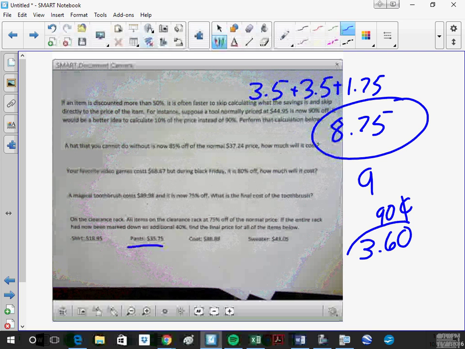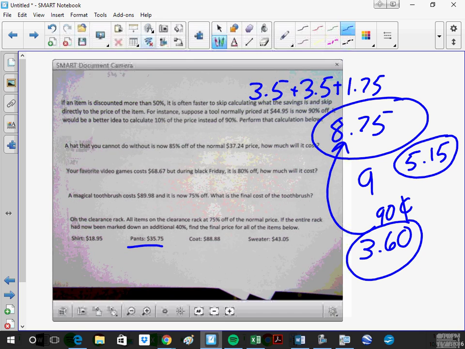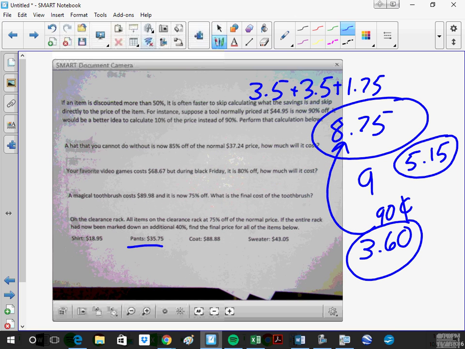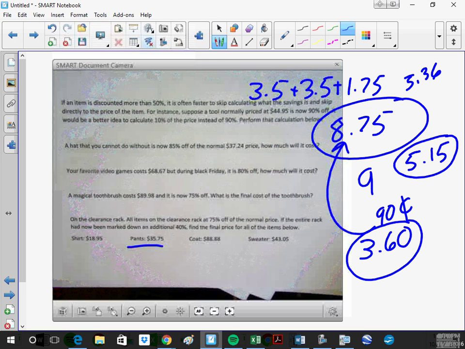And then I'm going to subtract that from the original $8.75, and I get $5.15. If I calculate it out, 35.75. The actual amount is $5.36. So we're pretty close.